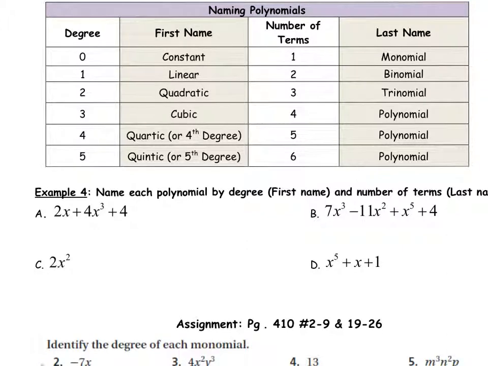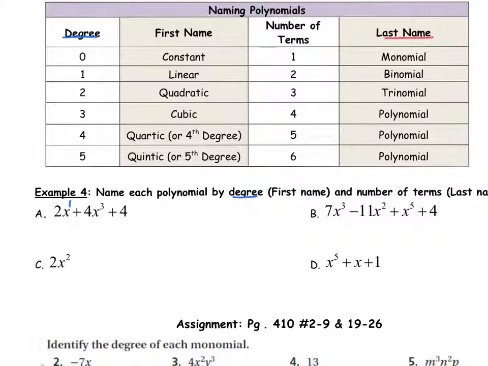When we give polynomials a name, we always have to give the first name based on the degree, and the last name is always based on the number of terms, like we talked about before. So when we look at A, first I'll decide what the degree is. So I look for the highest exponent. These aren't necessarily in standard form.